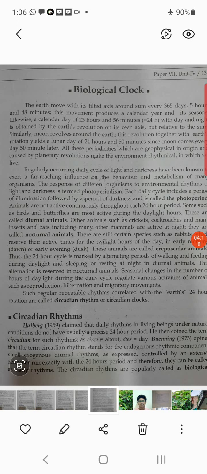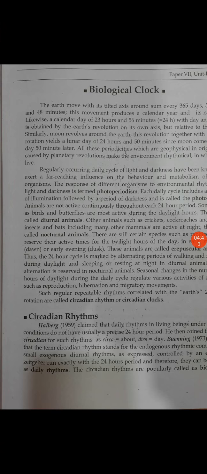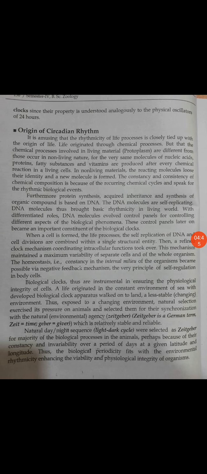Buning in 1973 opines that the term circadian rhythm stands for the endogenous rhythmic component, while exogenous diurnal rhythms, controlled by external zeitgebers, run exactly with a 24 hour period, and therefore they can be called a daily rhythm. So here the circadian rhythm means whatever response we give to our environment.